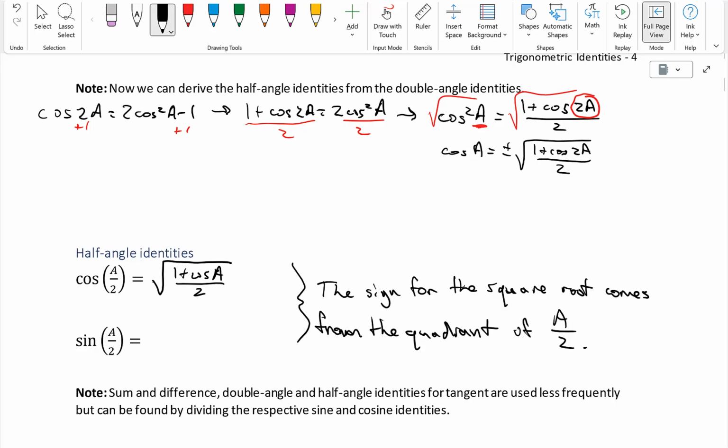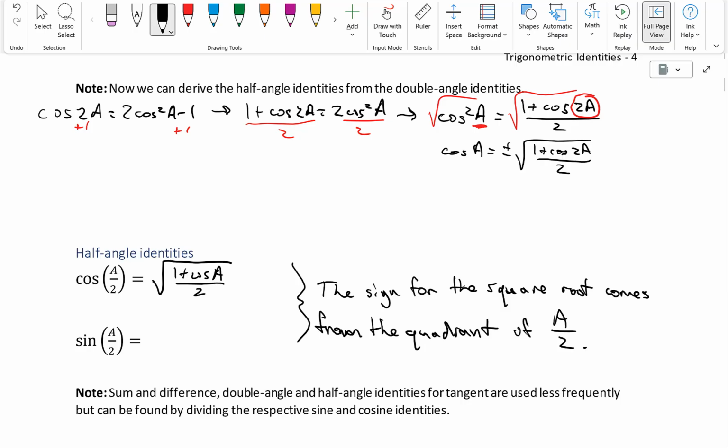So wherever that angle's located, if it's cosine of 45 over 2 and we get 22.5 or whatever, that'd be in quadrant 1, so it'd be positive. If we get something in quadrant 2 where cosine's negative, we'd get the negative square root.